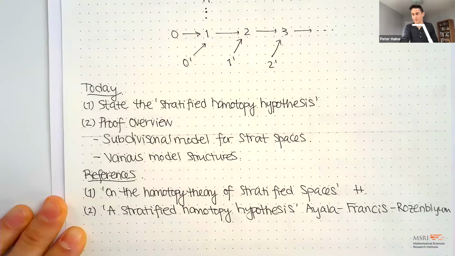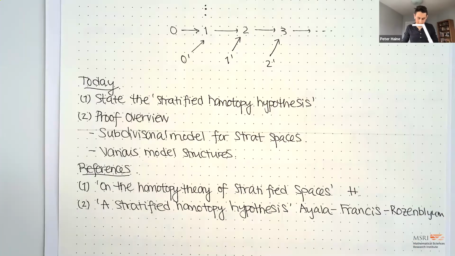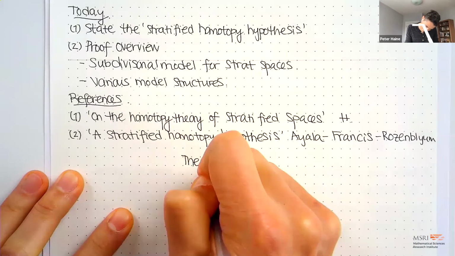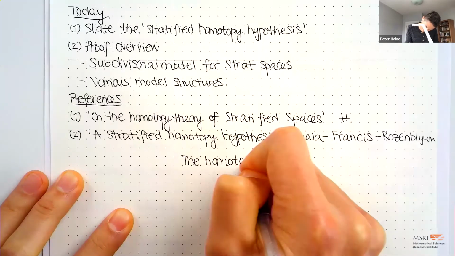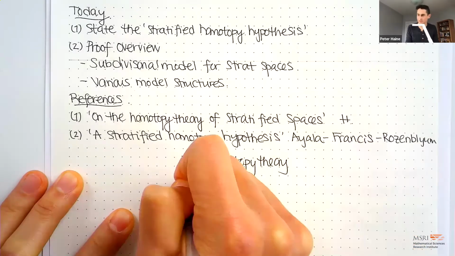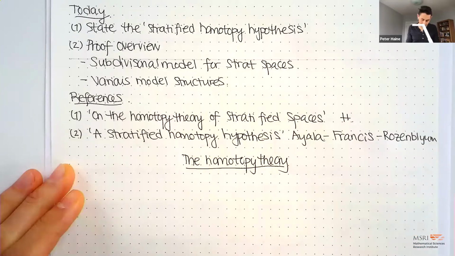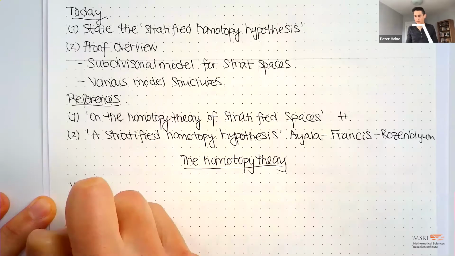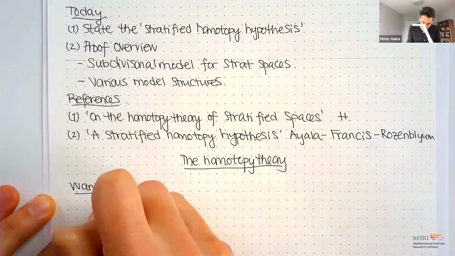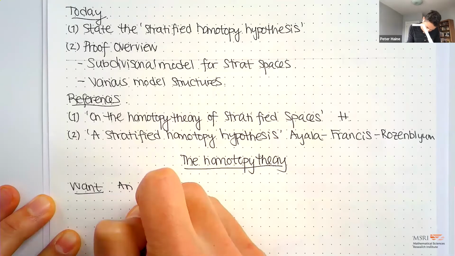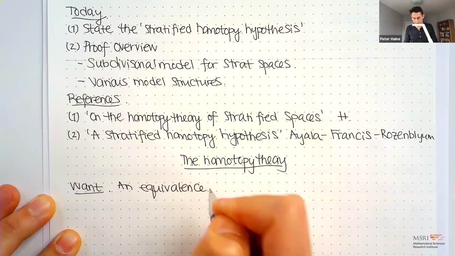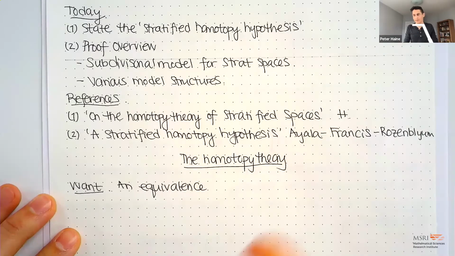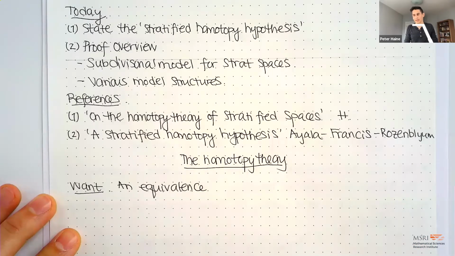Okay, so what's the point? Well, the question is, what is really the homotopy theory of P-stratified spaces? And what we want, in an ideal world, is an equivalence. We saw various things, for example, intersection homology and constructible sheaves that only depend on this exit path category.